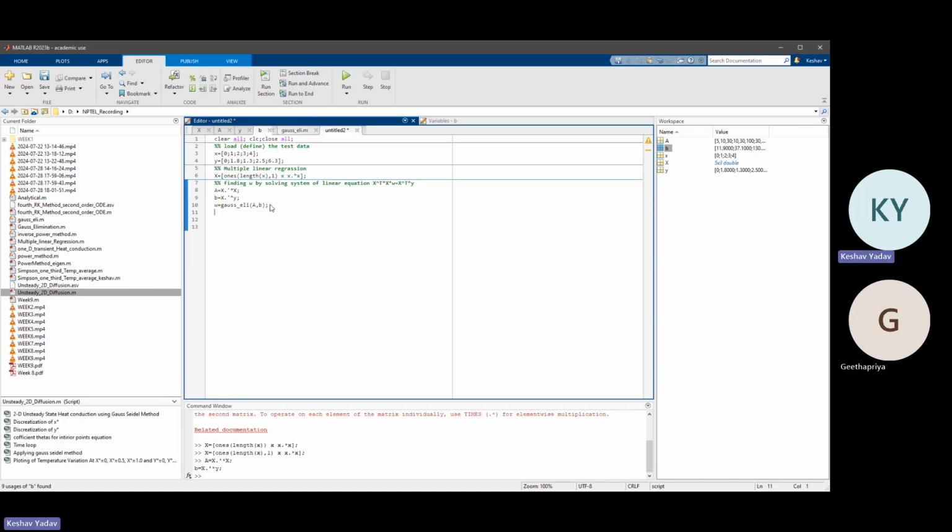Now then what we'll do? I will display W, the display of W value.